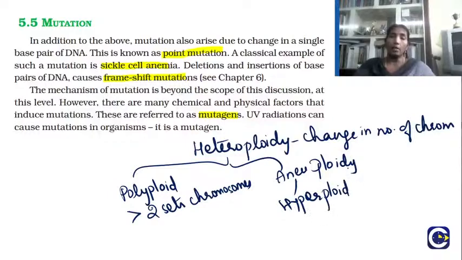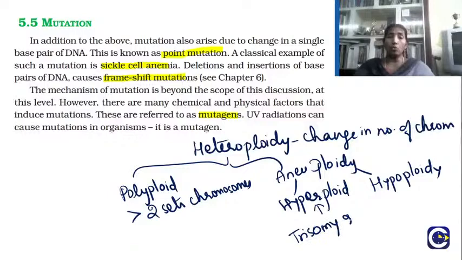Aneuploidy is a numerical change in a part of the genome, usually a change in a single chromosome. It can be hyperploidy or hypoploidy. In hyperploidy, the chromosome number in that organism is higher, like trisomy; Down syndrome, trisomy 21, is a hyperploidy case. In hypoploidy, the number of chromosomes is lower, like monosomy.